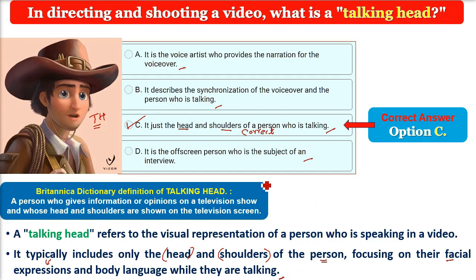This term is commonly used in video production to describe shots that feature a person speaking directly to the camera. The Britannica dictionary definition of talking head is something like this: a person who gives information or opinions on a television show and whose head and shoulders are shown on the television screen. Option C.